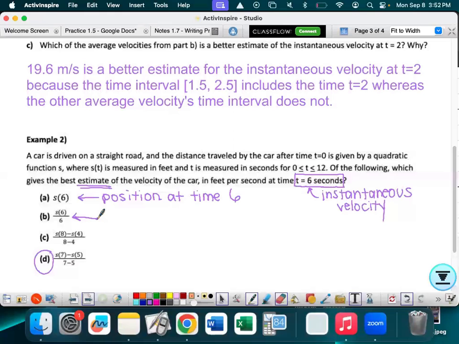The position at a time divided by that time doesn't represent anything. This question here tells me the change in position over the change in time, which means I'm looking at an average velocity.